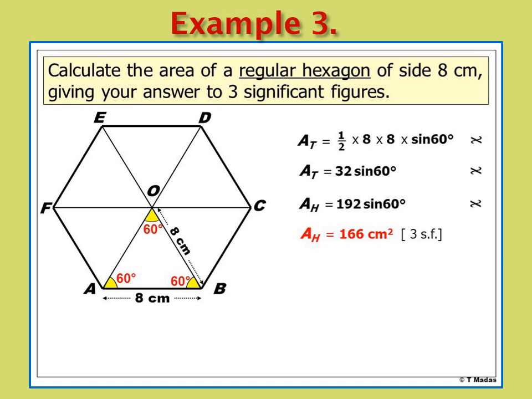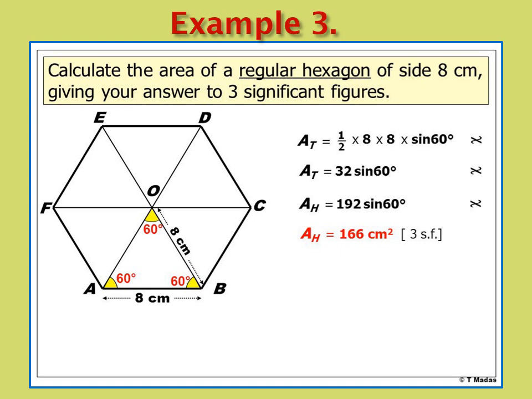The angle at the center will be 360 divided by 6, because if it has 6 sides, then it is going to form 6 equal isosceles triangles.